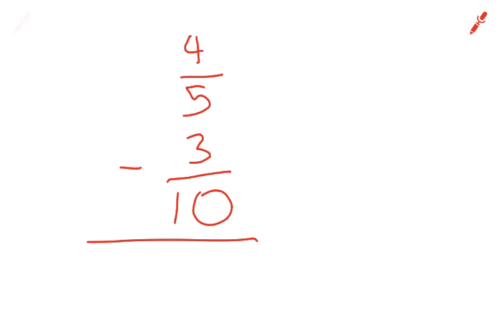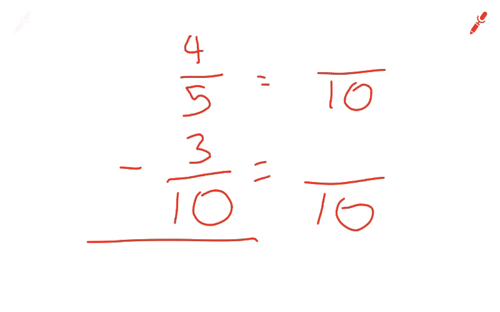The next one, we have 4/5 minus 3/10. Okay, we're looking for an LCD here for 5 and 10. The lowest common denominator of 5 and 10 would be 10. 5 times 2 is 10. 4 times 2 is 8.